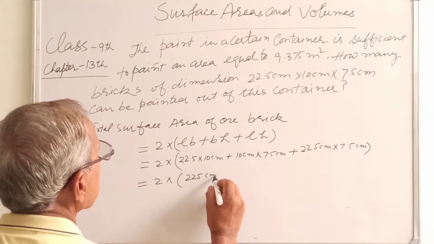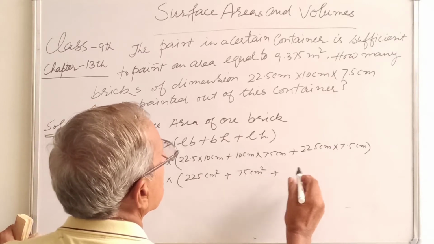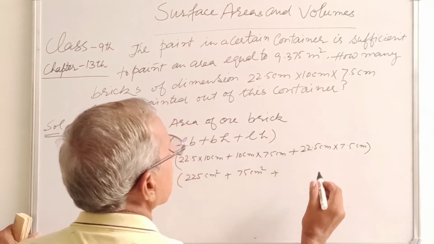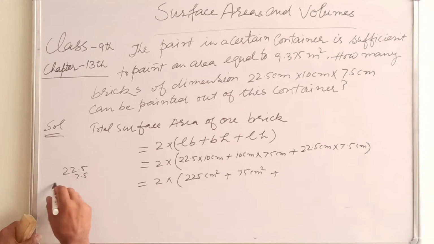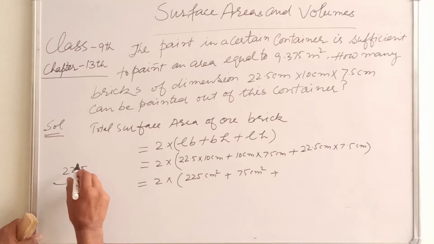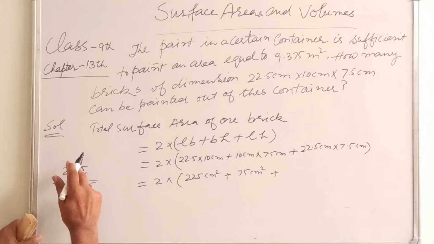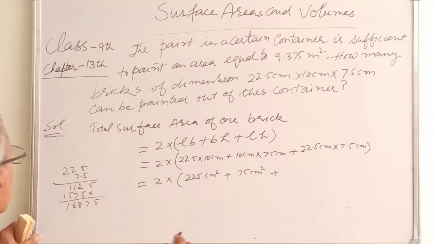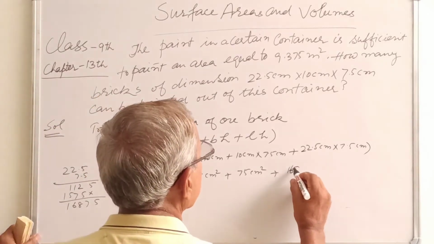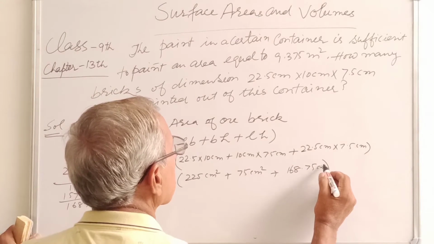225 centimeter square, 75 centimeter square, and if we multiply 22.5 with 7.5, that will be 168.75 centimeter square.